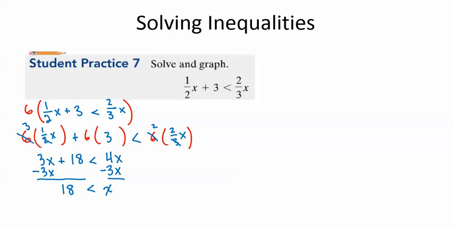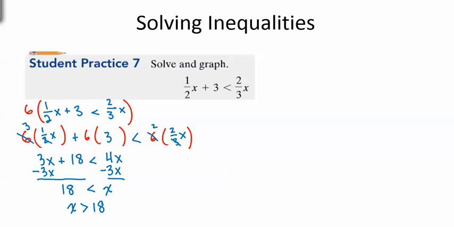So what we have here is that 18 is less than x. We're going to read it from right to left. x is greater than 18. Write it the way we read it, and there we have our solution to the original inequality.